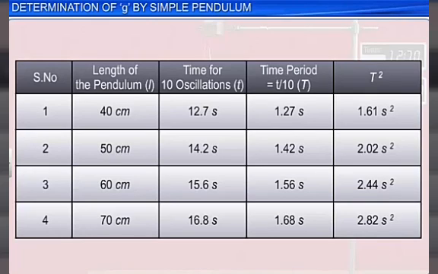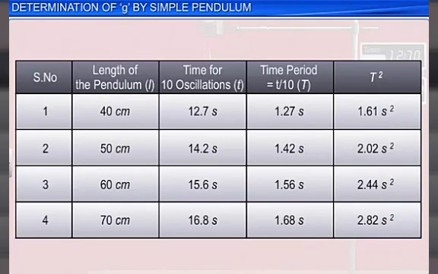Record the readings and the values of t square for each length. You will observe that the time period of the pendulum increases with an increase in its length. However, the readings do not indicate the exact nature of dependence.